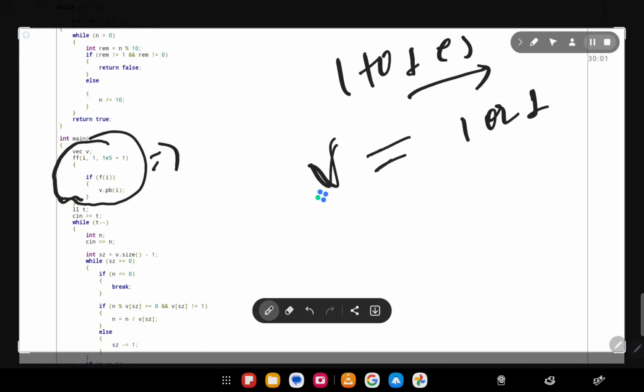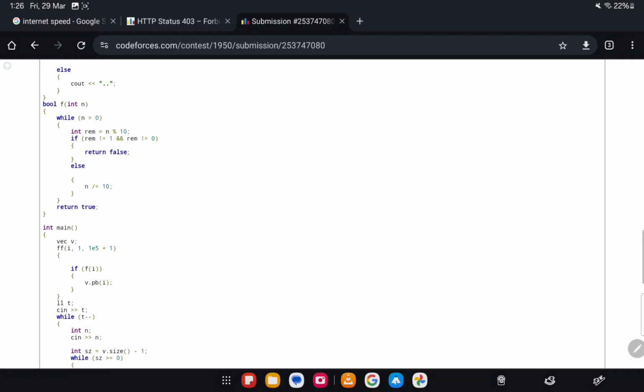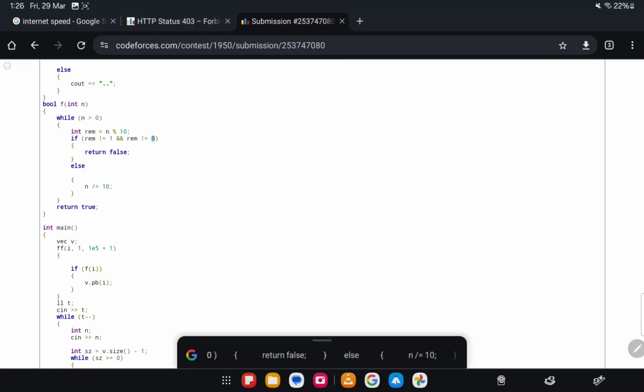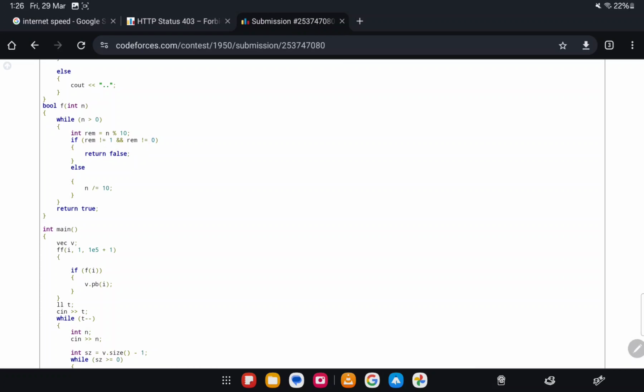Basically, if you will see, this is my function f, and I am just checking every number: if the digit is not 1 or 0, then just return false, because we are not looking at those numbers which don't consist of 0 or 1. Basically we don't need those multiples of the particular number n which are not in the form of binary.